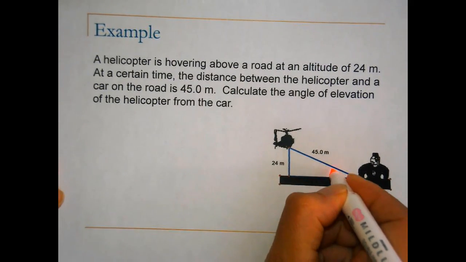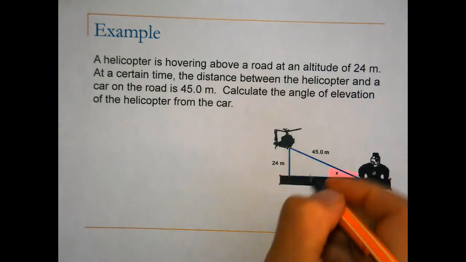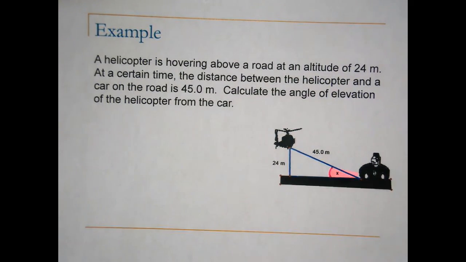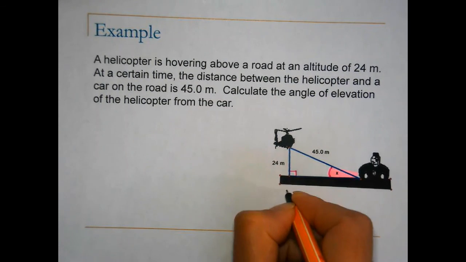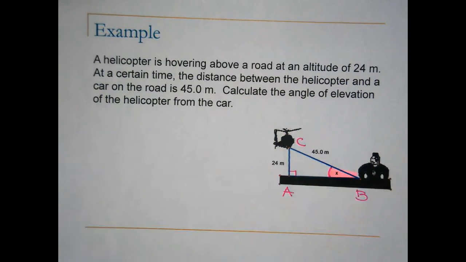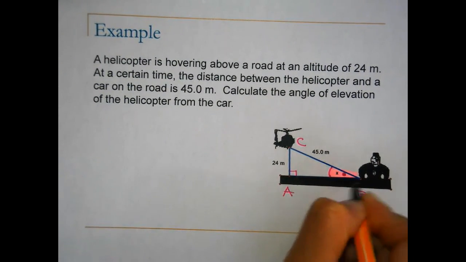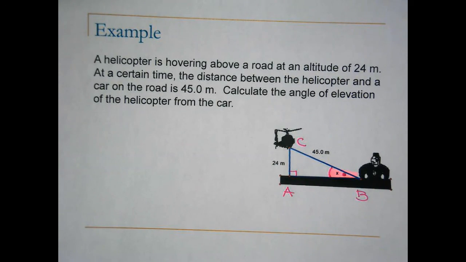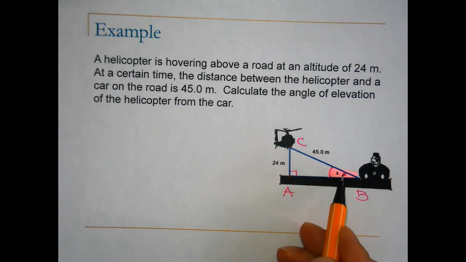So I'm going to highlight where the angle of elevation is, here. So again, we are going to give names to the triangle, and we are trying to find this angle, which is angle B. So we will label with respect to this angle.